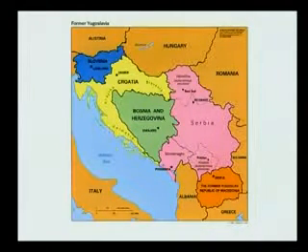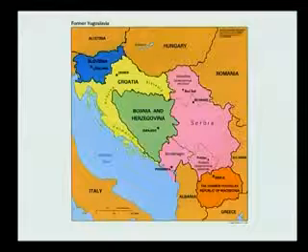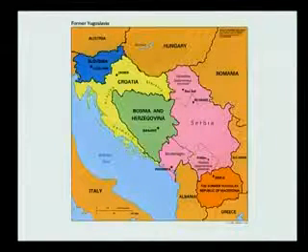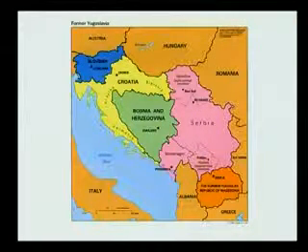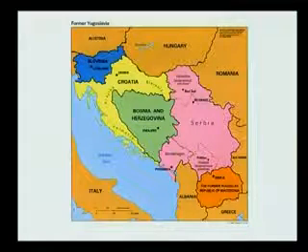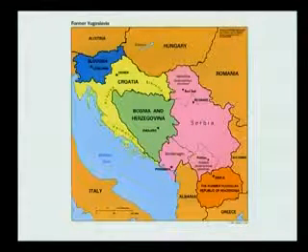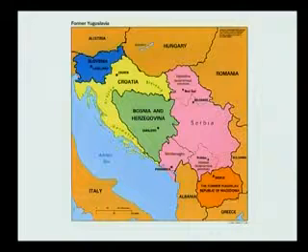In the pink, we have the Republic of Serbia, except that in the lower left-hand corner of the pink-colored area is what was a separate republic known as Montenegro. The rest of that pink area was Serbia. And at the bottom, in the red, we have Macedonia.